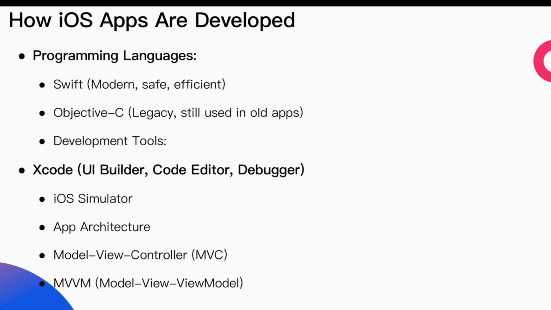Objective-C is still supported by Apple, mainly to support legacy apps, because there are so many iOS applications that were developed earlier using Objective-C. That's why Objective-C is still supported.